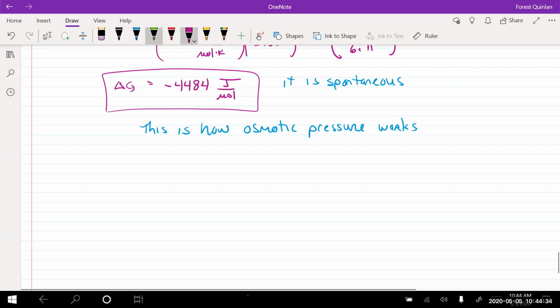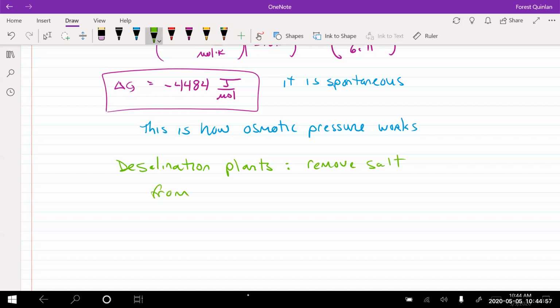If we recall this guy, desalination plants, what do they do? I'm gonna go ahead and guess they desalinate things, i.e., remove the salt. That's right. They remove salt from seawater to make fresh water.